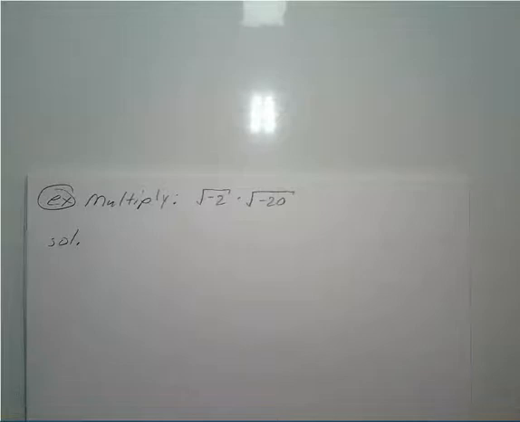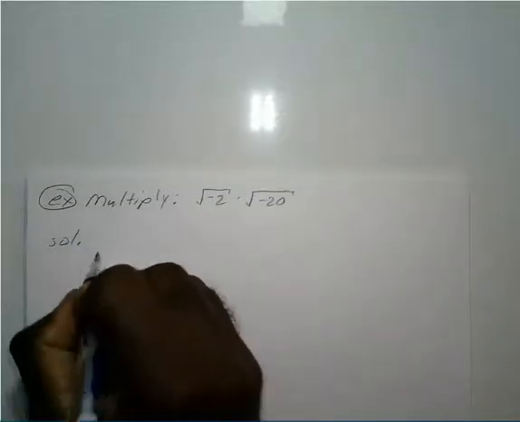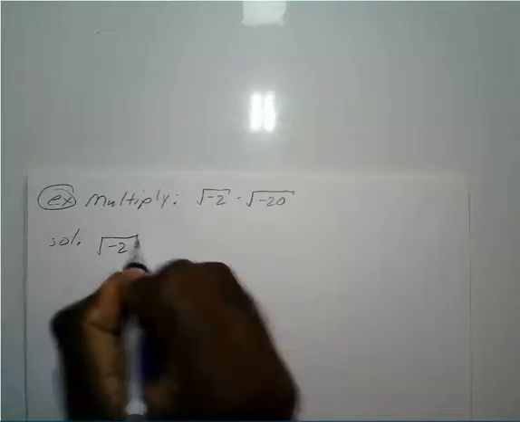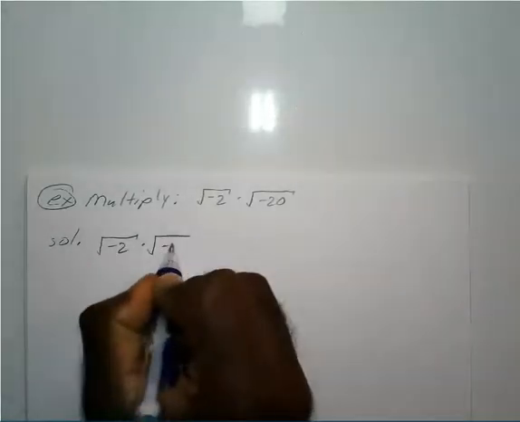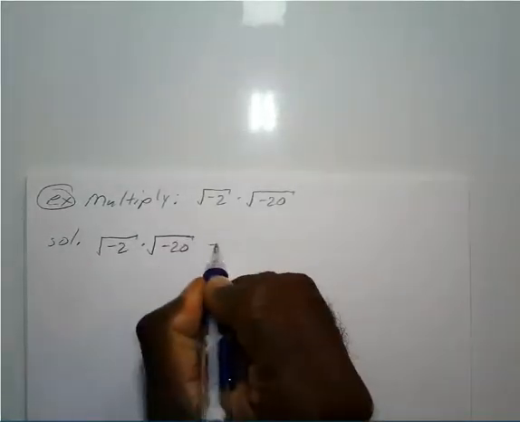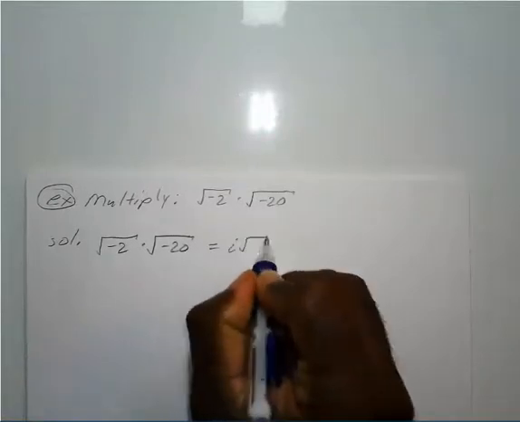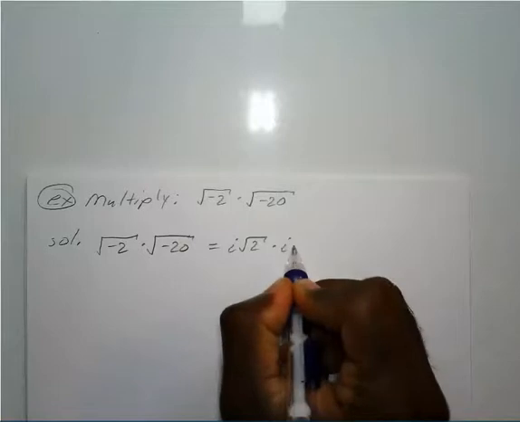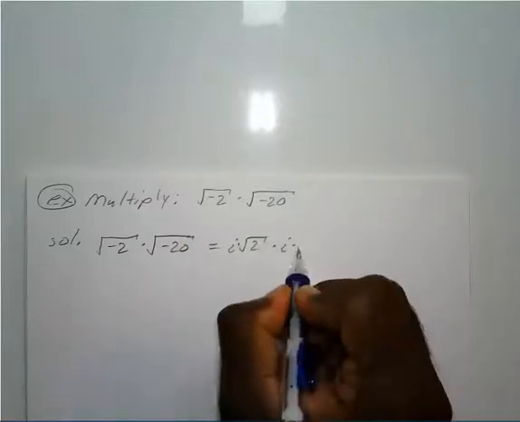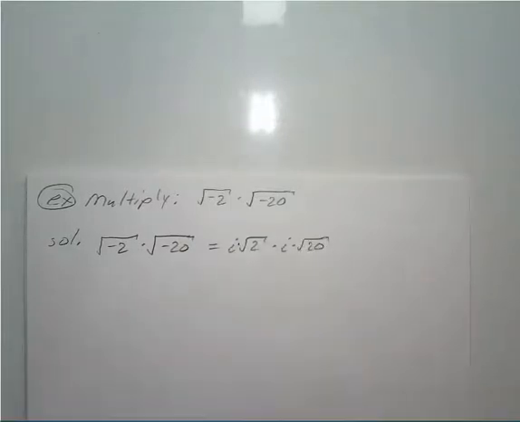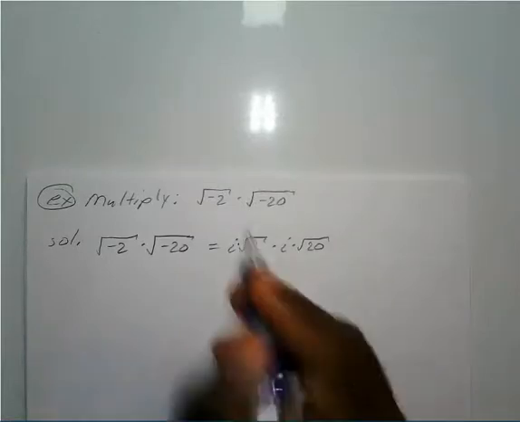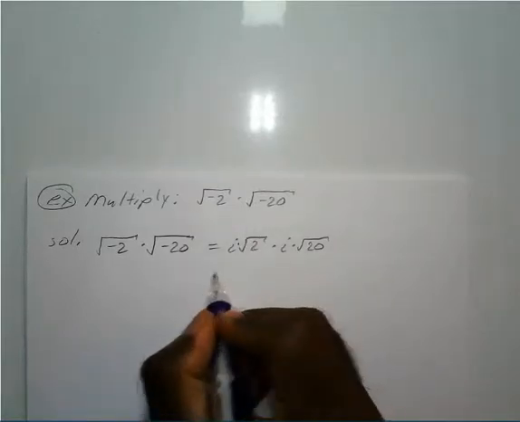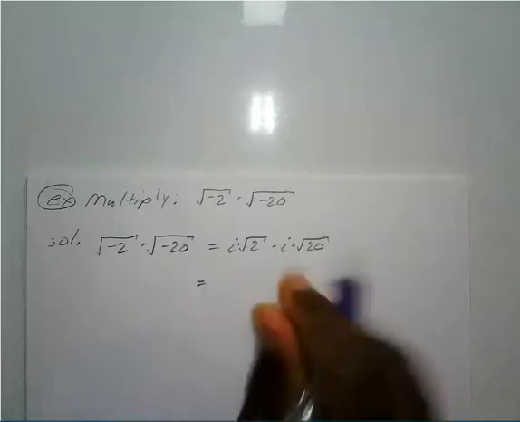Now the first thing you want to do is realize that square root of -2 and square root of -20, you can make that i times square root of 2 times i times square root of 20. Just like we did before, we're going to shuffle those around. You don't have to, but sometimes it makes it easier to visualize.